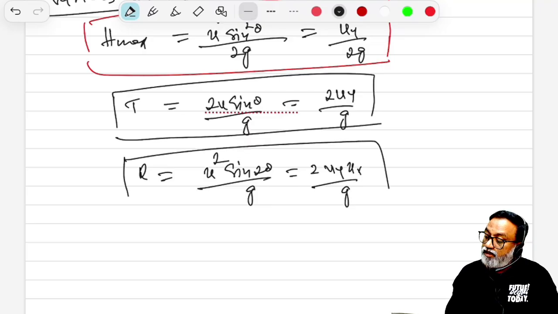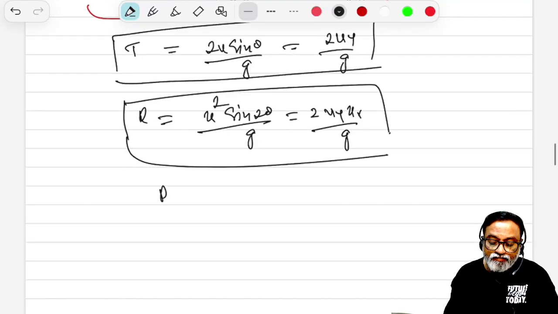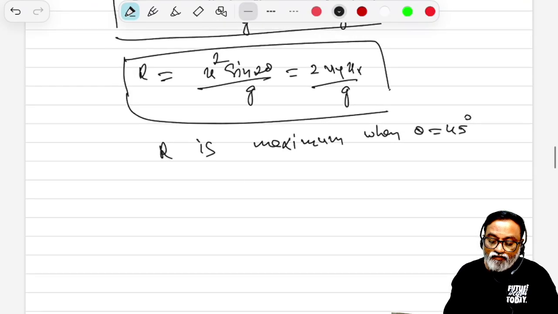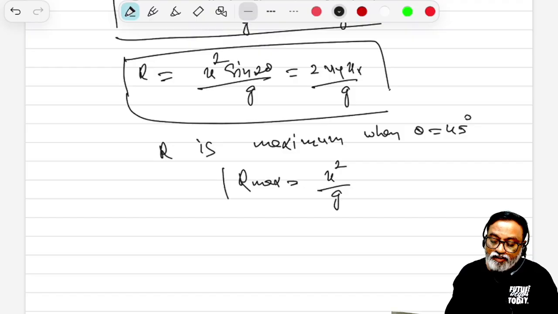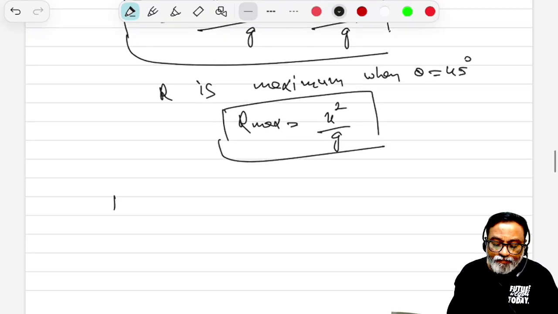Therefore, this is the range. Here, range is maximum when theta is equal to 45 degrees. Therefore, the formula for maximum range, R max is equal to u square by g.